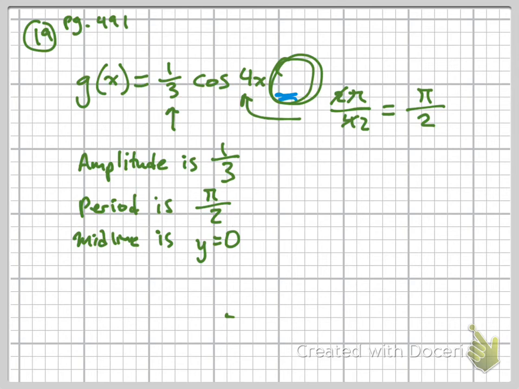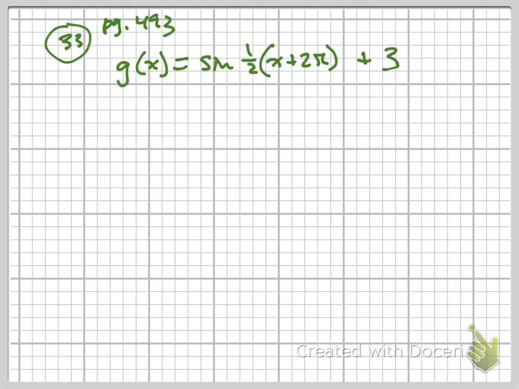So let's look at an example where the midline has been moved. This is an example, it's number 33 from page 492 of the textbook, actually not 493. Let's take a look at this one because we got some different stuff happening.